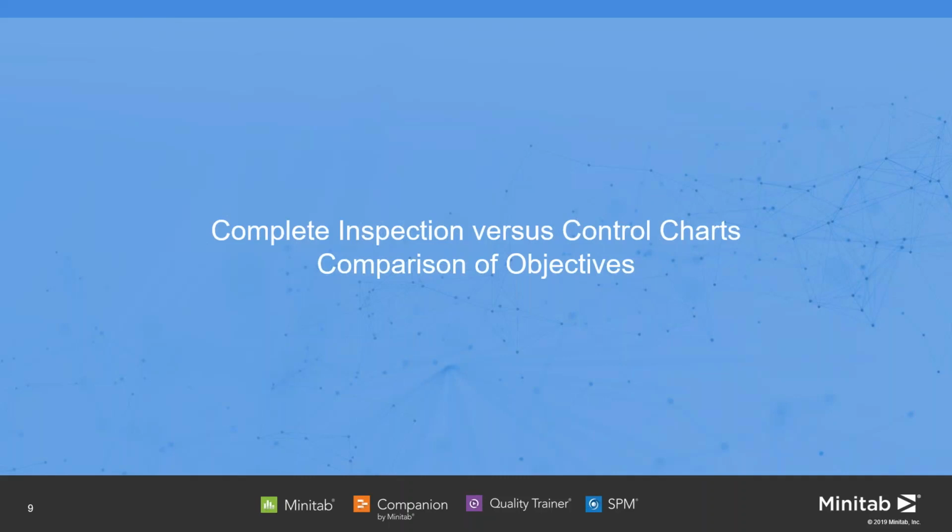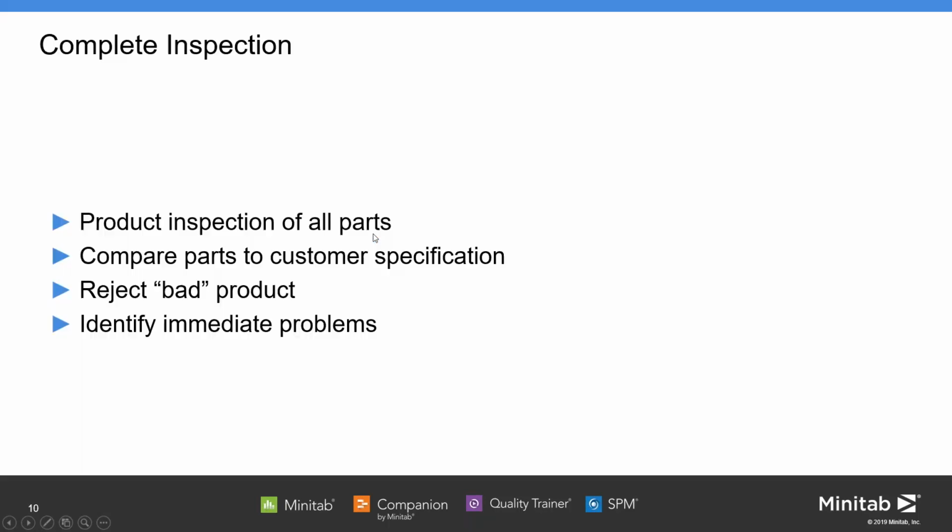So today I want to specifically talk about complete inspection versus control charts, and I want to compare their objectives. So let's talk about complete inspection. Nowadays, we are very lucky that we are able to collect complete measurement data of our parts.